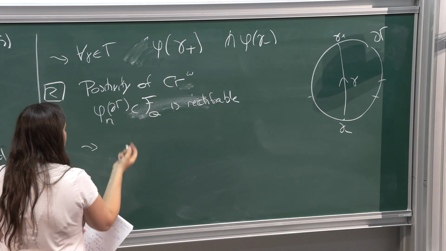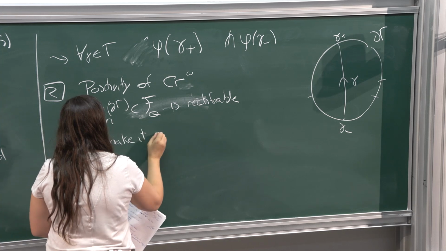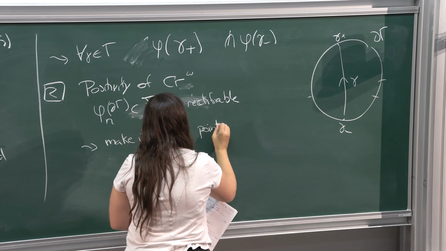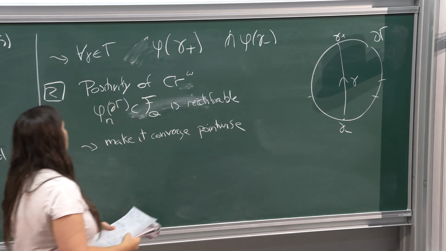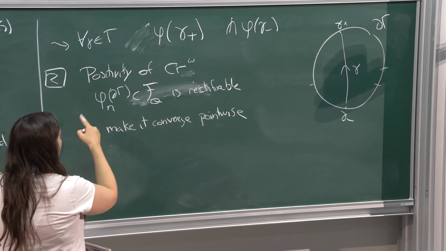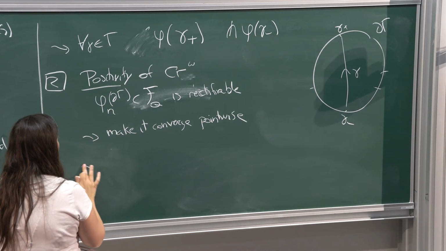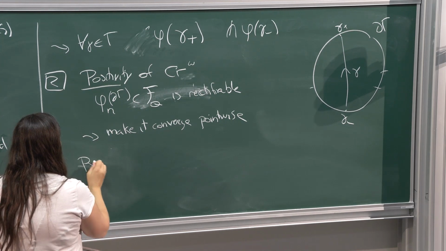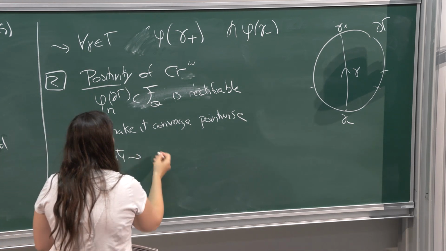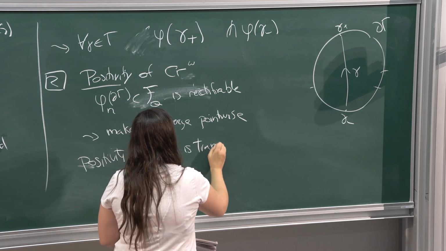And so I can make it, up to subsequence, converge pointwise. And furthermore, this is one first thing that positivity gives me. The second thing that positivity gives me, with quite some work, means that the limit is transverse.